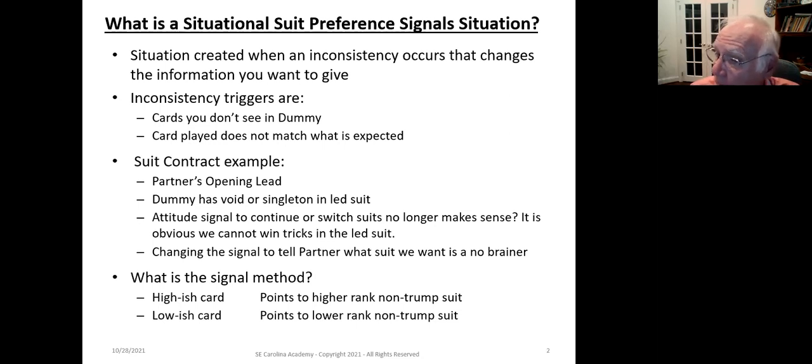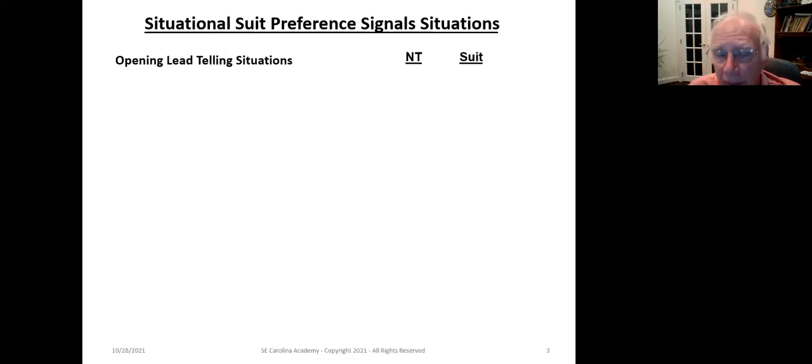By pointing to a higher ranking suit or a lower ranking suit, and paying close attention to the cards that are in your hand and in the dummy's hand, it can be a little bit easier to determine which is being pointed to, higher or lower. And if it's pointing up towards two suits, you have to work out which suit you're actually pointing to. Let's take a look at different situational suit preference signal situations.